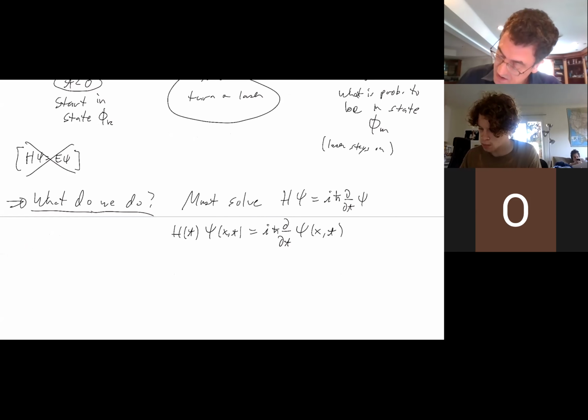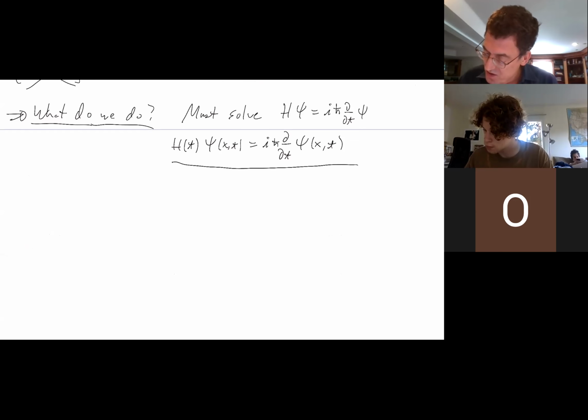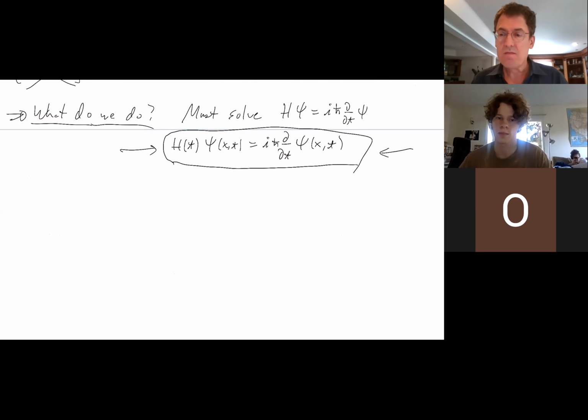That's what we've got to do, so how do we do that? What's the first thing we've got to do? Somebody tell me. Assume psi is separable in x and t.